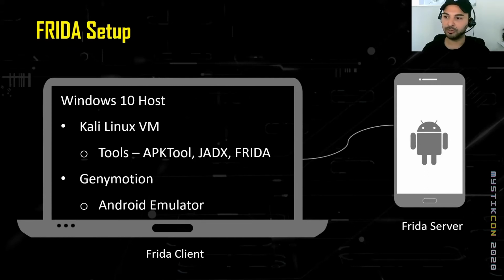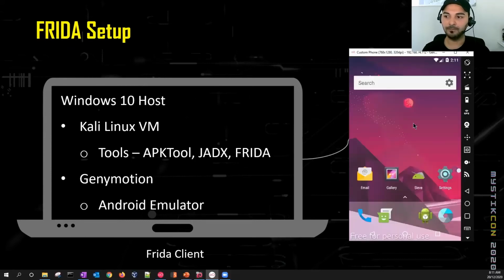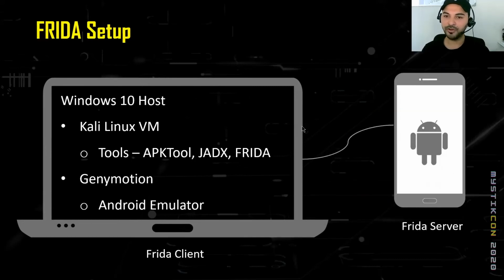What you're seeing on the right-hand side is my Genymotion emulator, which is connected to my laptop, and the apps that I'm using are already installed on it. The FRIDA server, which I'm going to show you in the next slide, you need to push onto your emulator, and the FRIDA client will be installed on your laptop. So it's the other way around.